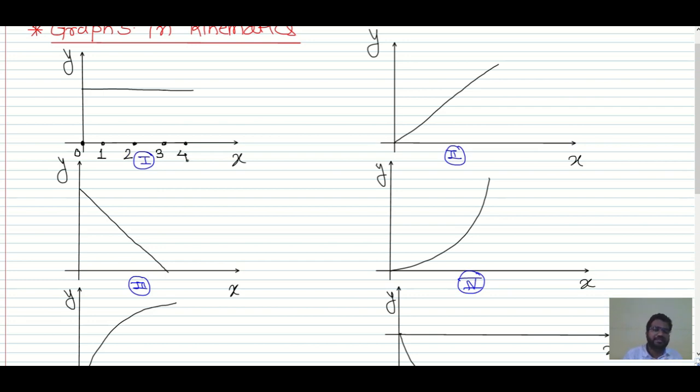So firstly try to read the graph, right? To understand anything, firstly understand the meaning of it, and only then go for it. If you are not understanding the meaning and you are just solving the problems, it is not at all useful. So firstly you have to understand the meaning of it.